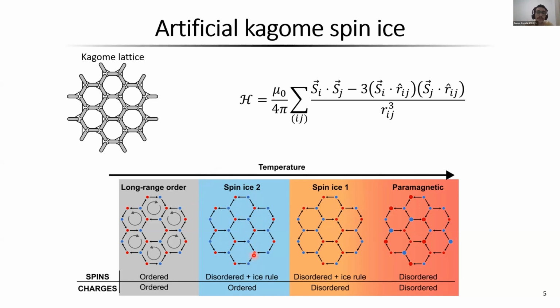And at very low temperature, the system reaches its six-fold degenerate ground state with long-range order both of spins and charges.